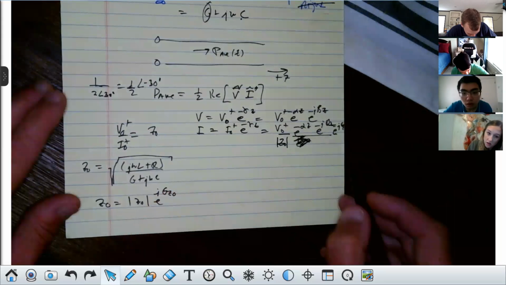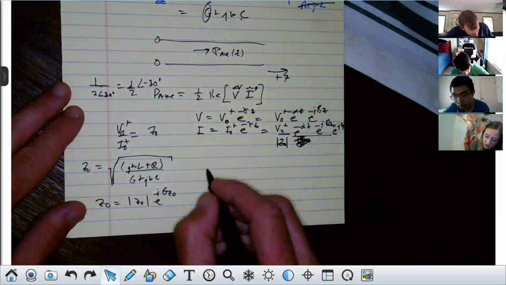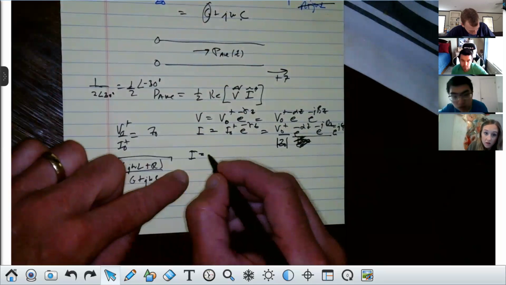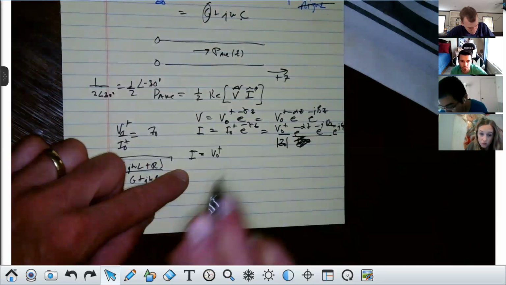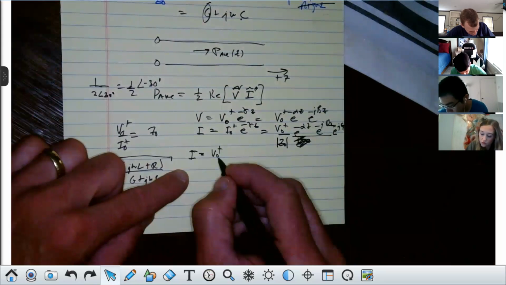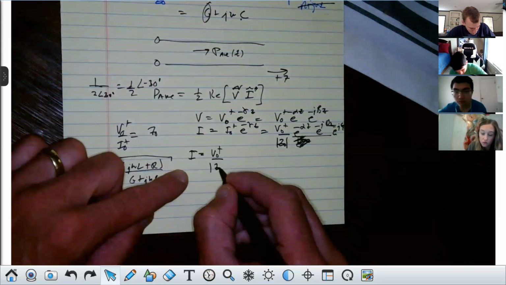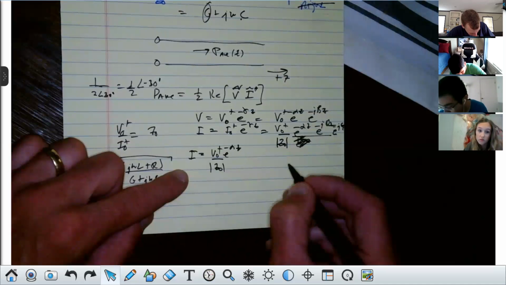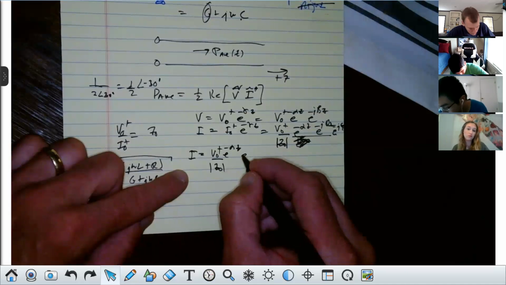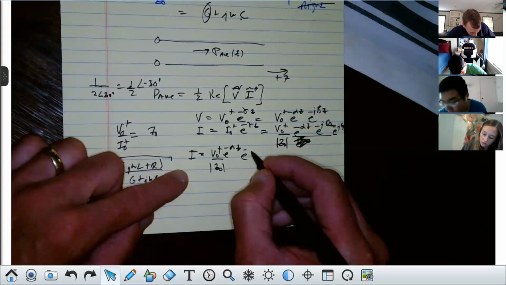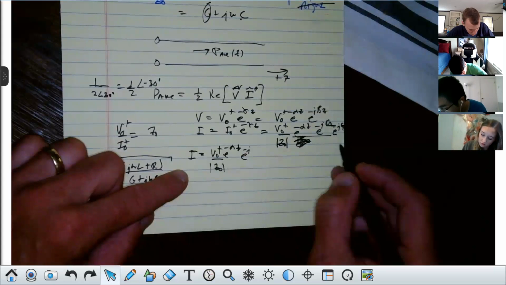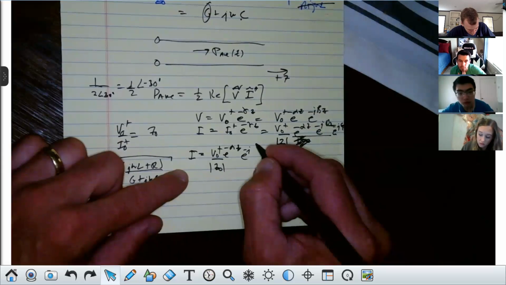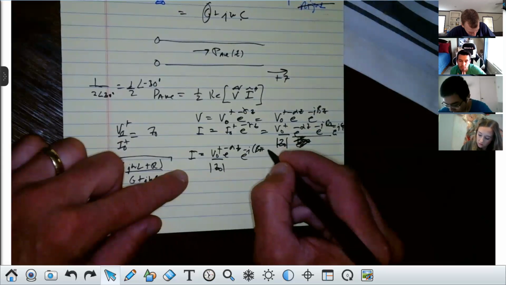Now when I have this, I'm going to rewrite I naught, or I itself, is now rendered as V naught plus, that's a strict magnitude, by the way, over magnitude of Z naught. And then I have e to the minus alpha Z, and then I have e to the minus j, and here it's going to be beta Z plus theta.